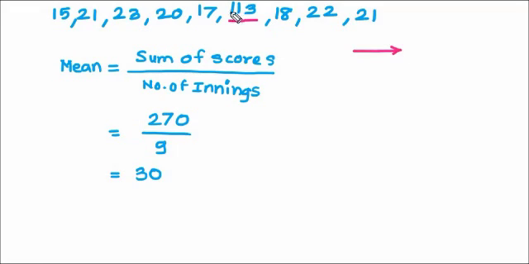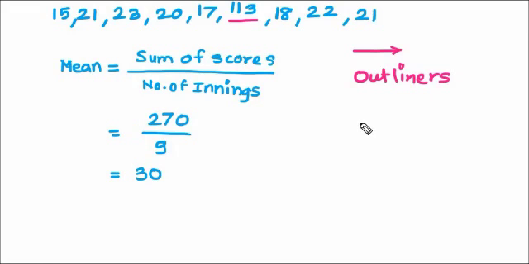And these values which are far away from the other data set values are called as outliers. And outliers cause the mean to shift either towards right or towards left.